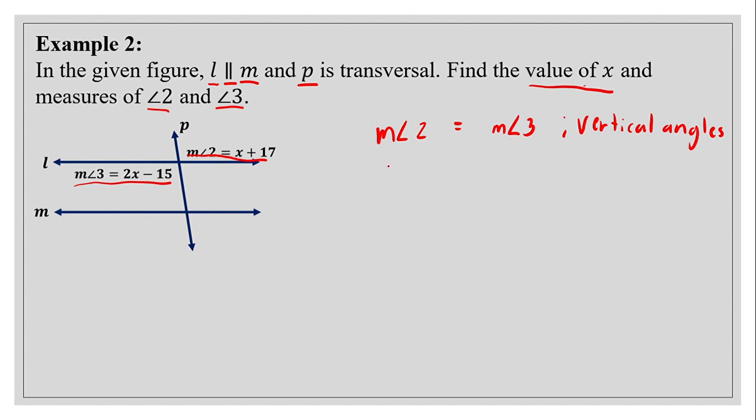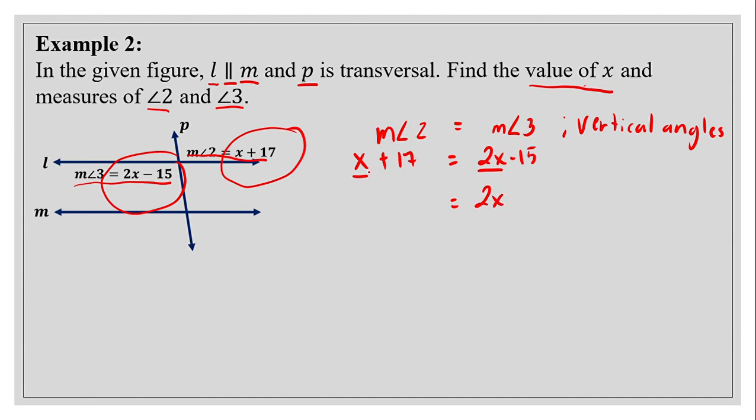If our measure of angle 2 has a value of x plus 17, and our measure of angle 3 is 2x minus 15, so that is equal to 2x minus 15. So next, let us transpose. x transposed here will become 2x, or bring down 2x.